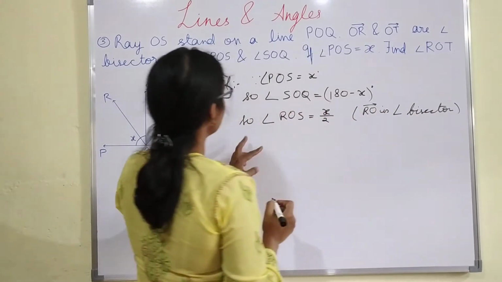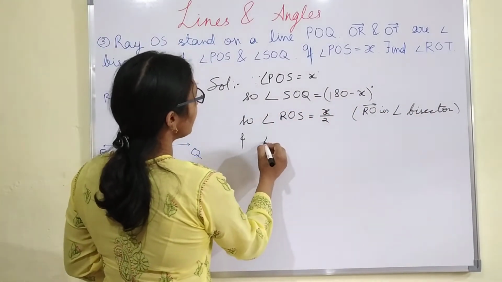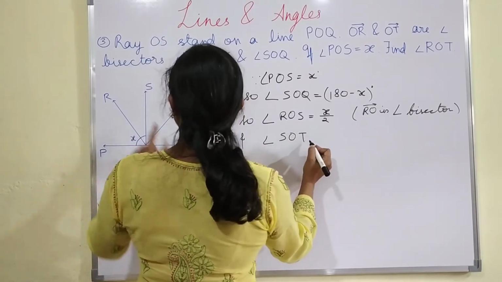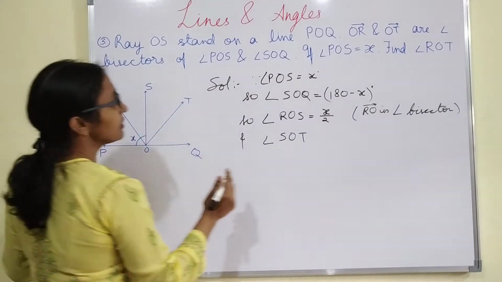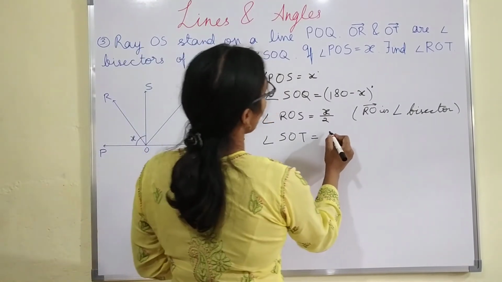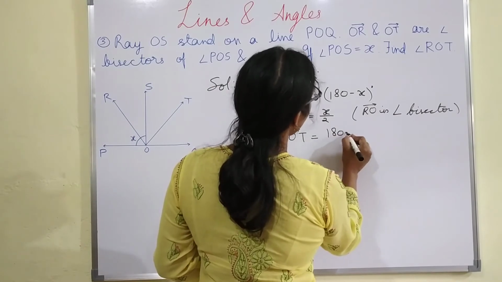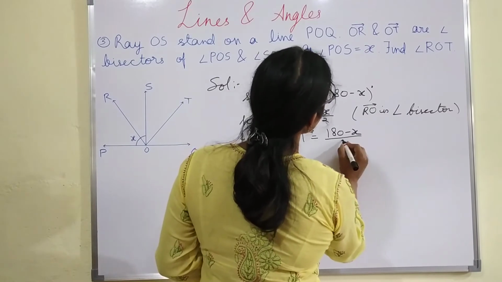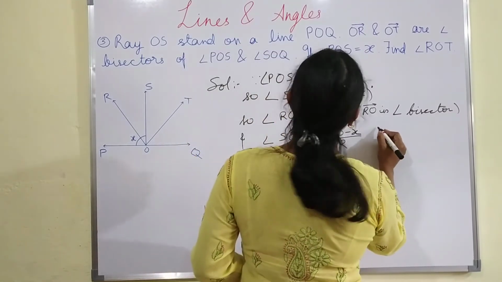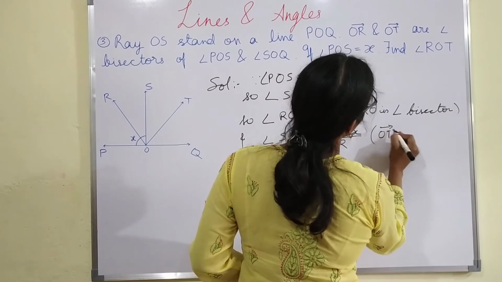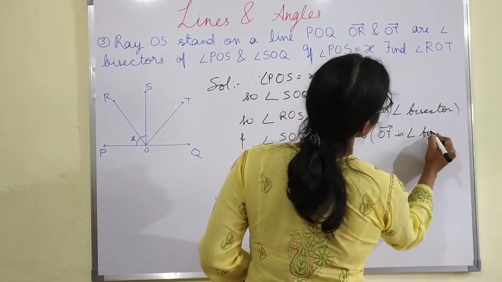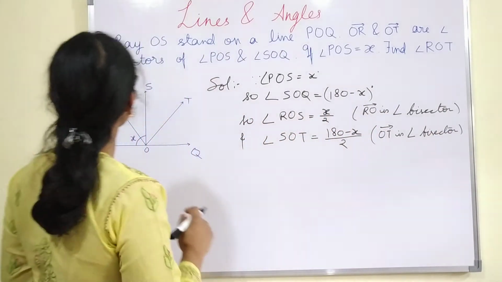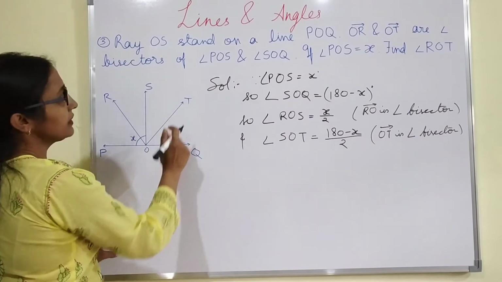And angle SOT equals 180 minus x upon 2. OT is angle bisector. Okay. So ROS plus SOT, this is equation 1, this is equation 2.